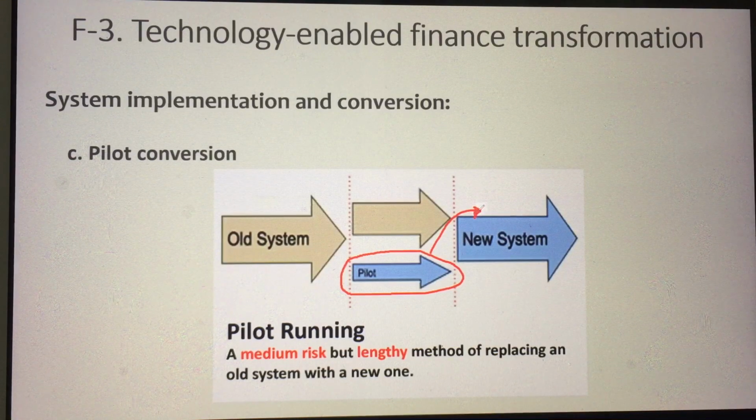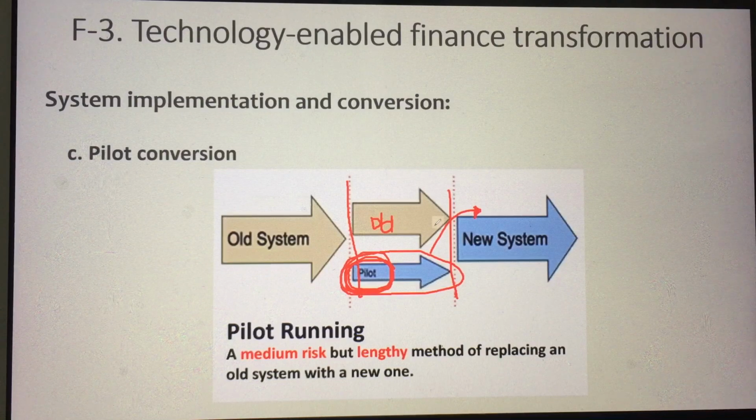So, we have what we call a pilot. With the pilot, guys, there is a point in time that you are running both the old and the new system. The difference of this to your parallel is that you are not running the whole new system, but just a portion of it. So the cost is less, because you are only running a little.